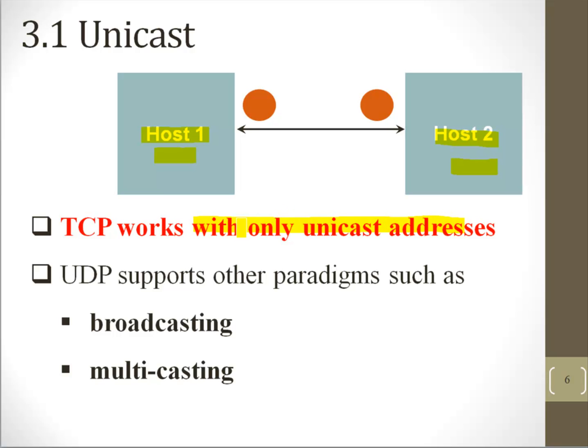TCP, a layer 4 protocol, transmission control protocol, works only with unicast addresses. UDP, also a layer 4 protocol, user datagram protocol, supports broadcasting and multicasting, which we are going to discuss in the coming slides. So in unicast, 1-to-1, a single source and a single destination will be available.